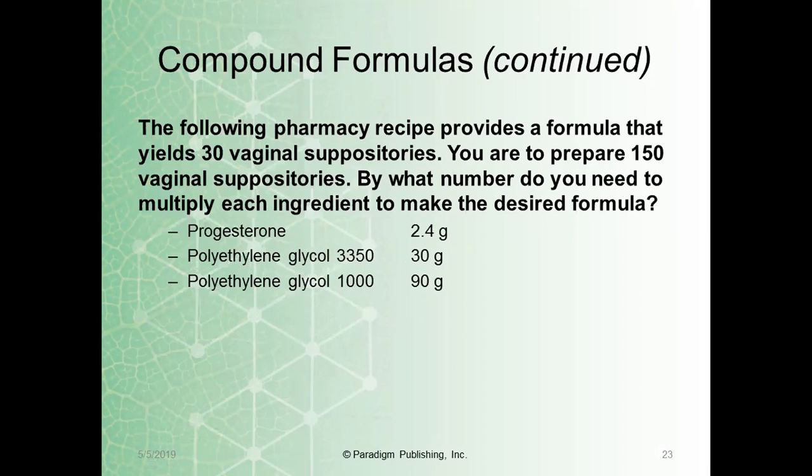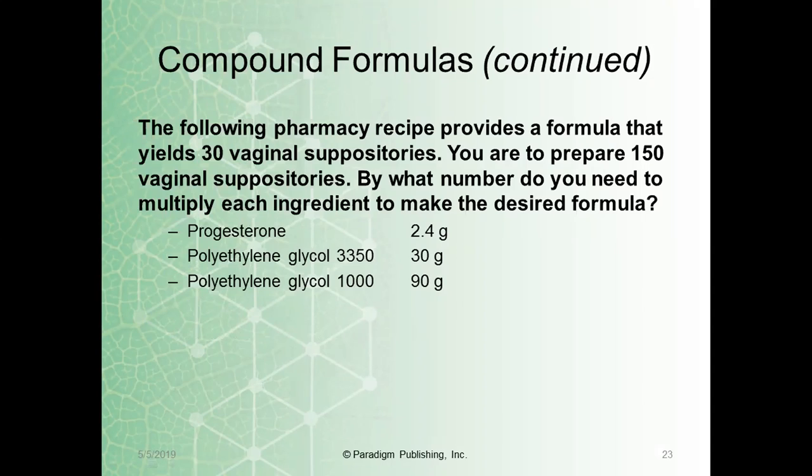Now it says the following pharmacy recipe provides a formula that yields 30 vaginal suppositories. You are to prepare 150 vaginal suppositories. By what number do you need to multiply each ingredient to make the desired formula? And again, here it's asking us to multiply because we're going from a small number to a larger number. So we're going to have to multiply all these ingredients to get the larger number.